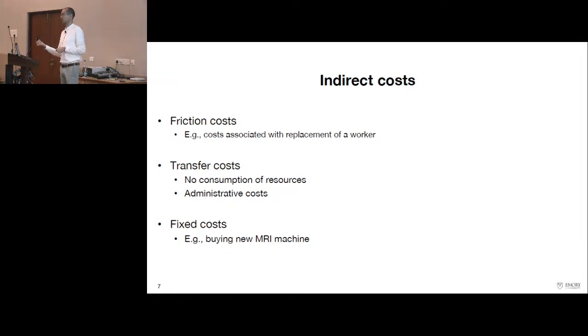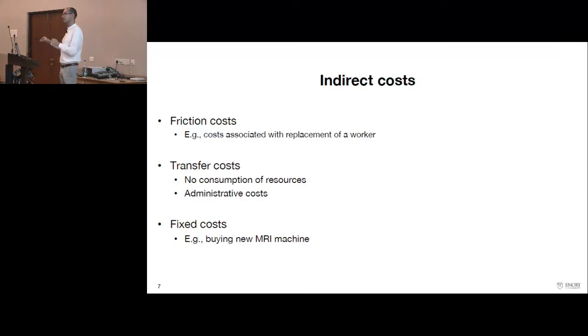Then we also need to consider the opportunity cost of the scanner, which means that if we decide to provide this new screening program, which would mean that all people would get an MRI scan, and we would look for, I don't know, cancer.